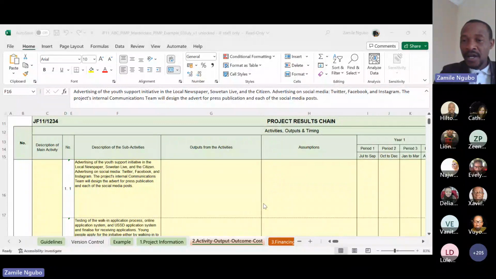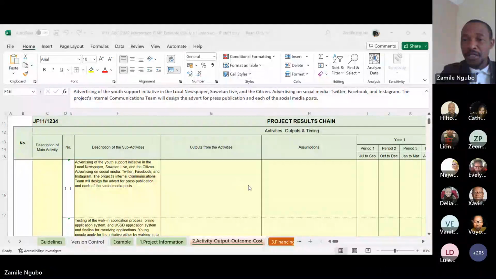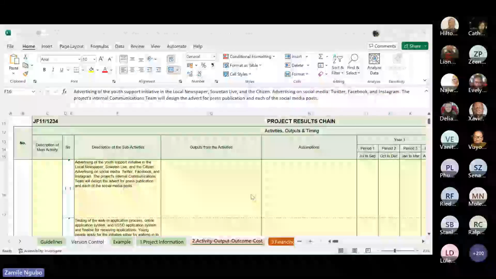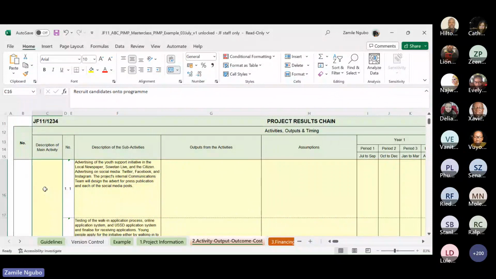Yes, I will now switch off my camera so that I can proceed with the presentation. All right, so we have shared an example of a project that is in the ICT sector. So this is a skills development project. To save time, we have pre-populated the main activity category and the description of the sub-activities, as Vuyo was explaining.